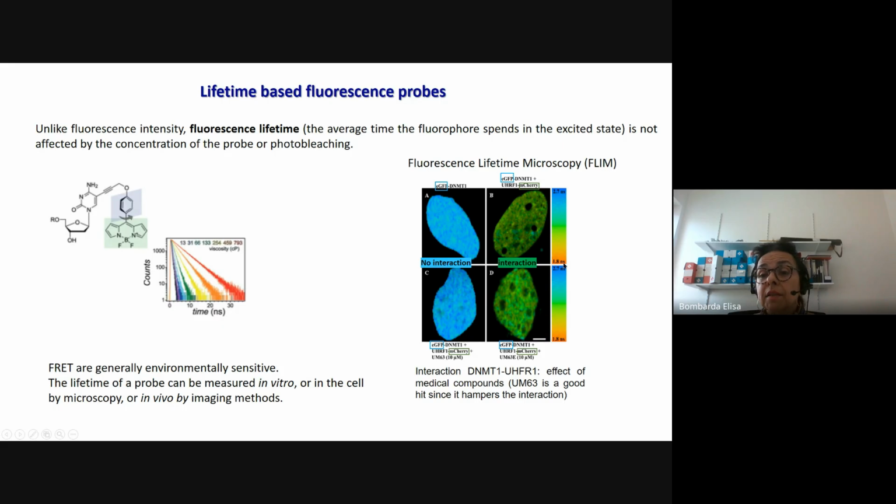So here you have the scale. You see the 2.7 nanoseconds is the lifetime expected from EGFP, and it is the blue one, and the green will be something in between these two extremes, and is the lifetime expected for mCherry.